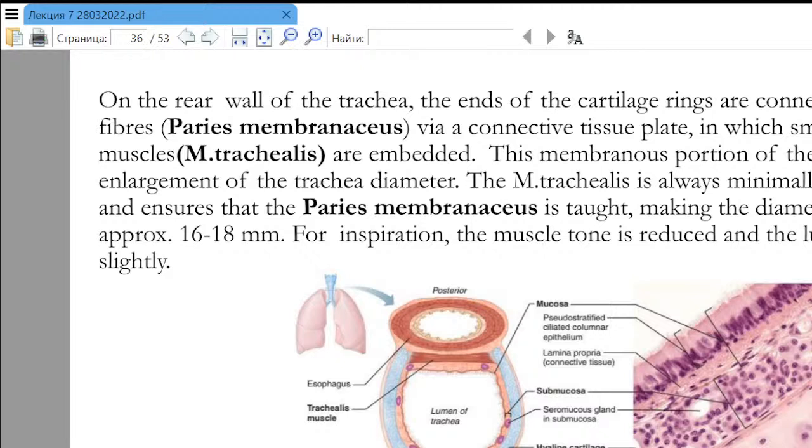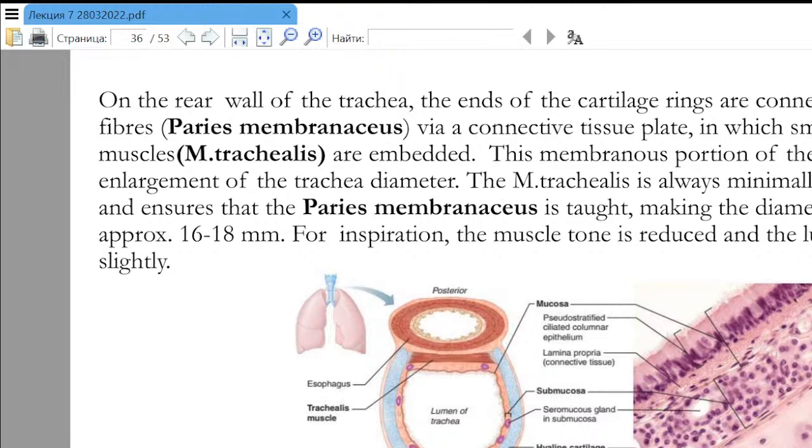This membranous portion allows an enlargement of the tracheal diameter. The musculus trachealis is always minimally contracted at rest and ensures that the paries membranaceus is taut, making the diameter of the trachea approximately 16 to 18 mm. For inspiration, the muscle tone is reduced and the lumen increases slightly.